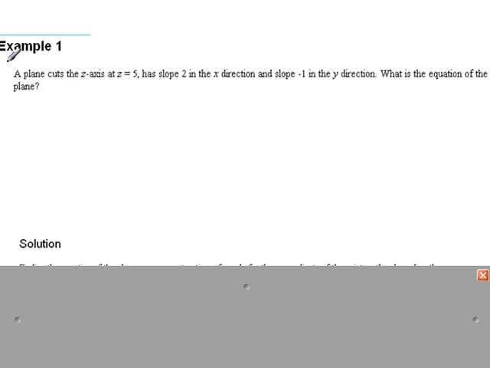Well, let's make some motion on getting an equation for a plane. We know that a linear equation is y equals mx plus b, and so it's a very similar parallel that we can draw.